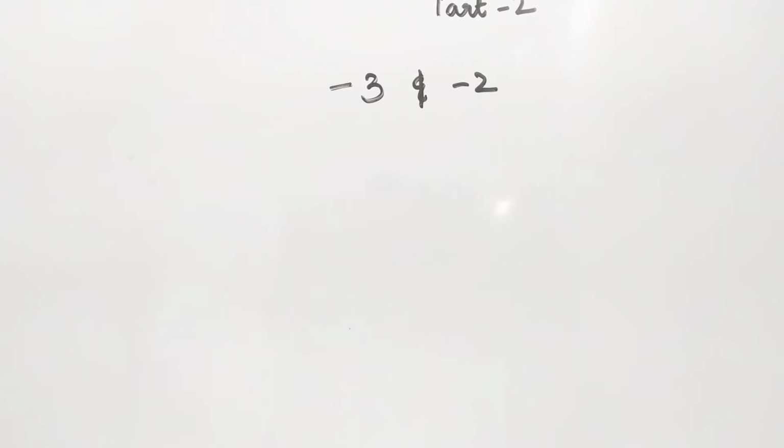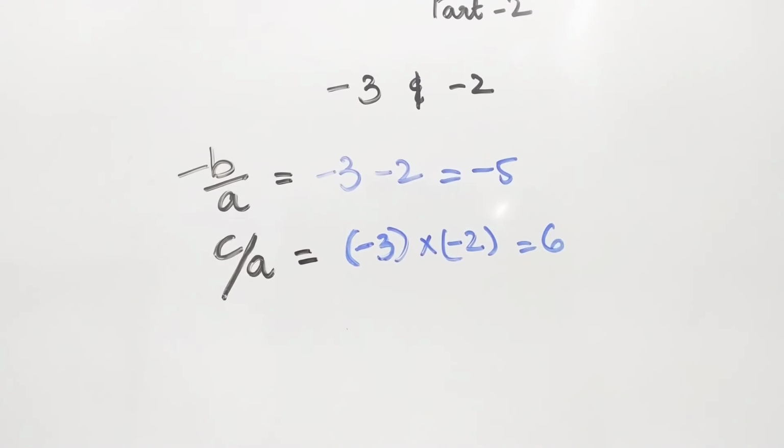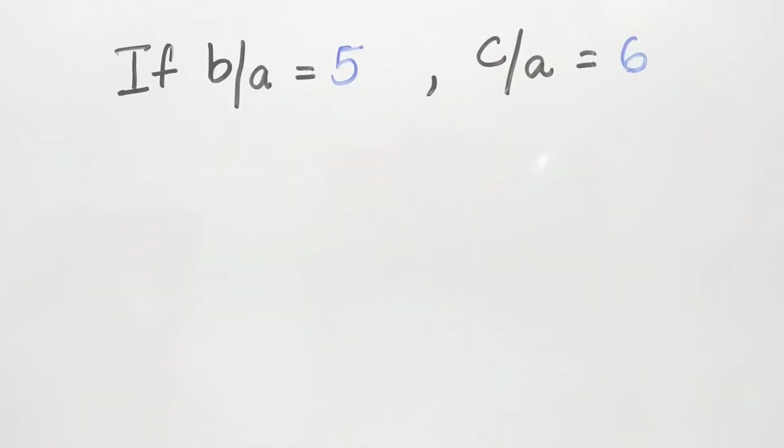Let me give you an example. Let's take the same example that we saw before, where the two zeros were minus 3 and minus 2, correct? So I have −3 − 2 = −b/a, which means b/a equals 5, and c/a equals (−3)(−2), which means c/a is 6. Now you have two equations here, but three unknowns, a, b and c.